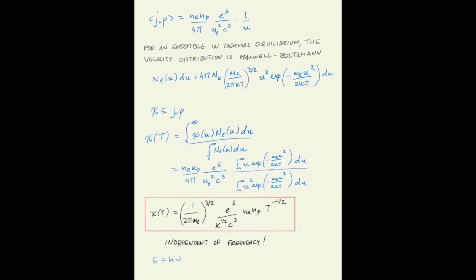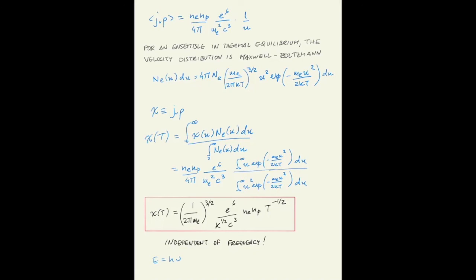This result cannot be correct. Indeed, there is nothing quantum in the analysis that we did, but we can do a semi-classical correction to this by realizing that the electron cannot radiate a photon of energy higher than its kinetic energy. And indeed, this is going to lead to an exponential cutoff in the emission.